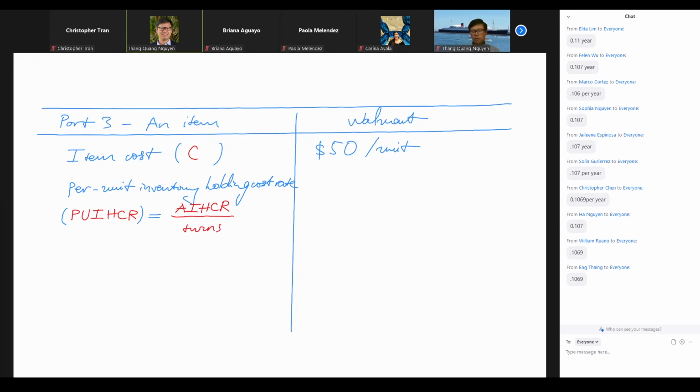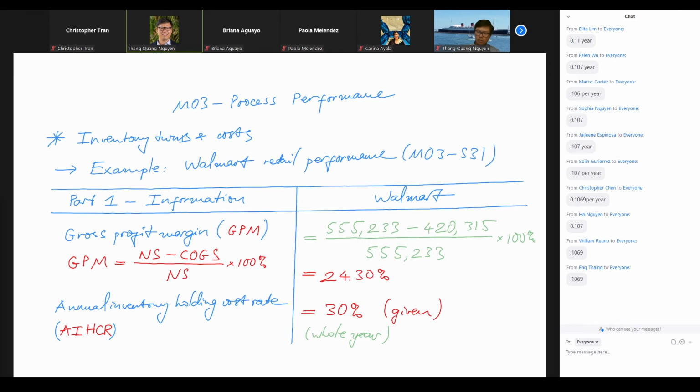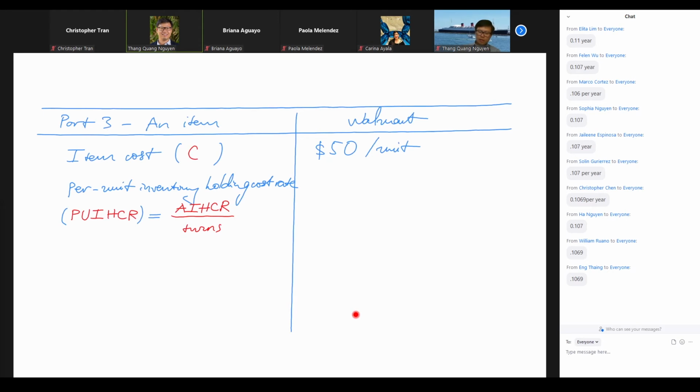Of course, the turns here, everything is per year. So let me remind you, the annual inventory holding cost rate is the number that we assume at the beginning, right here. This is the annual inventory holding cost rate. So again, if you hold on to $1 for the whole year, it's going to cost you 30 cents. So that's the annual rate. But this time around, we try to calculate that per turn.